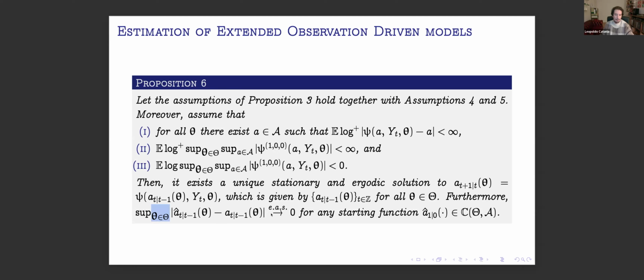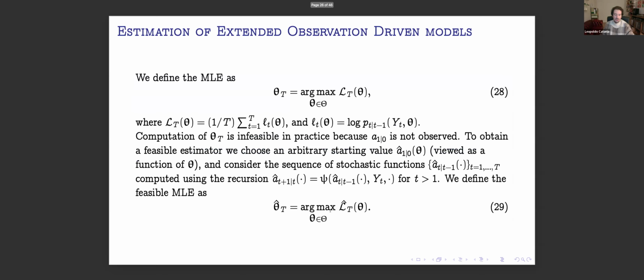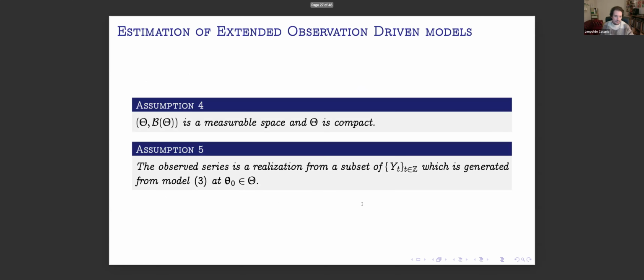Now, this result allows us then to easily show, after some other technical assumption, the almost sure convergence to 0 of the difference between the stationary ergodic likelihood function and its empirical version.